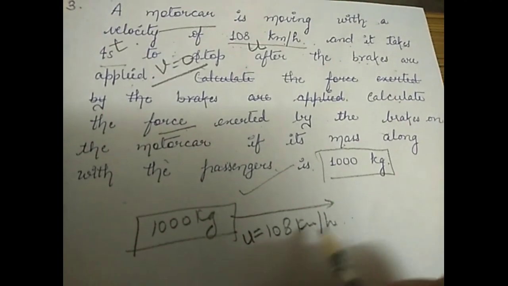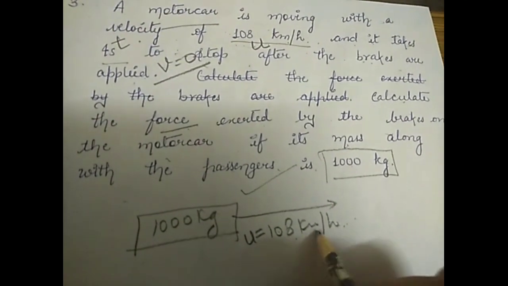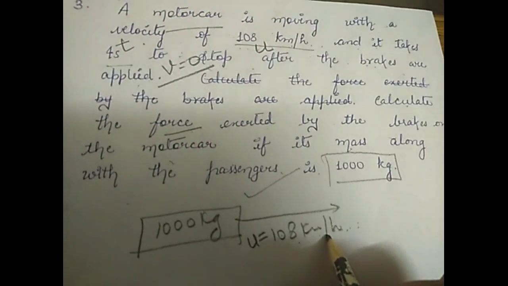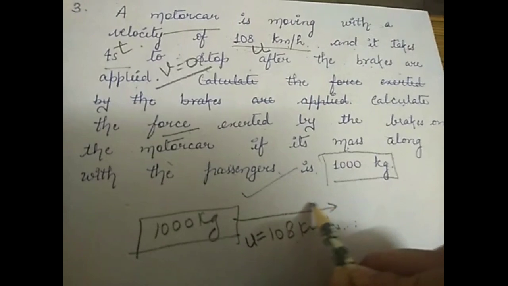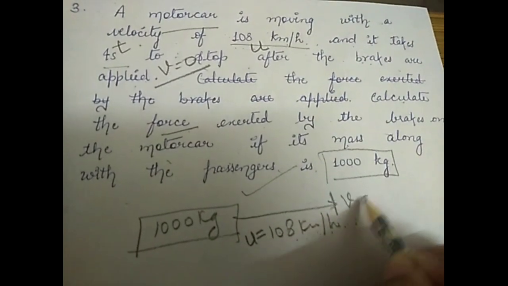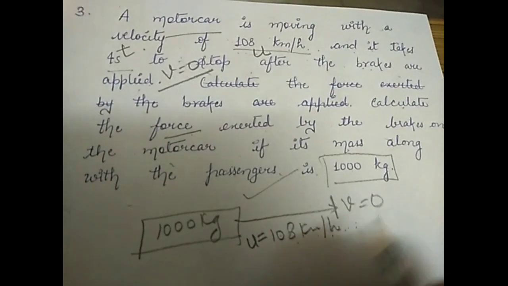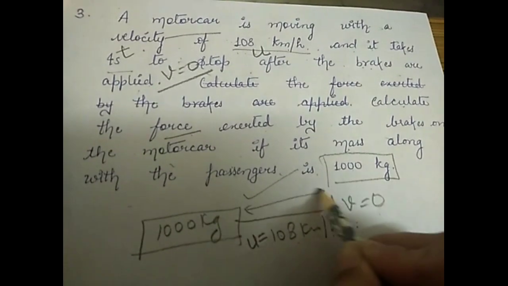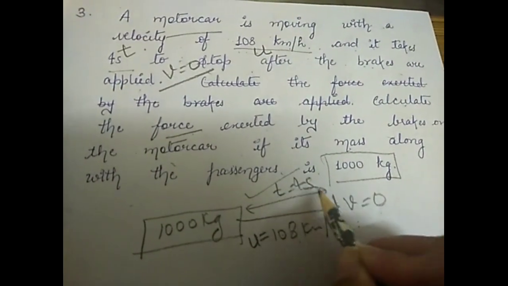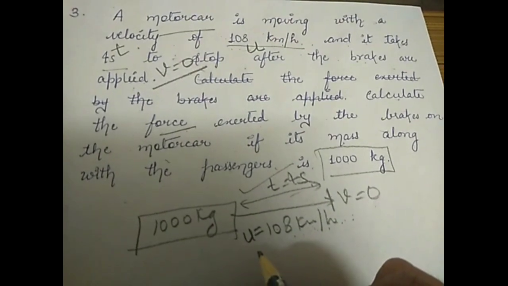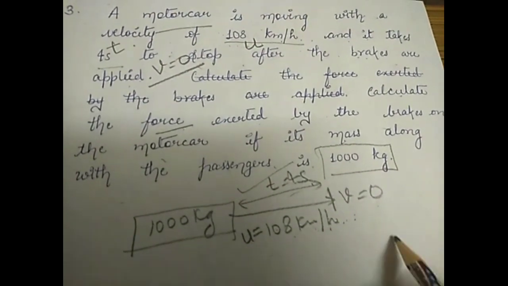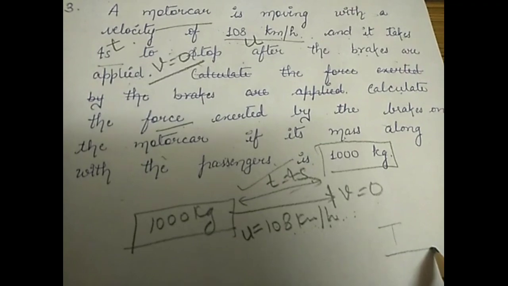What should be the unit? Meter per second. It should not be kilometer per hour while solving the numerical. Okay, and after applying brakes it stopped. V becomes 0 after time t is equal to 4 seconds. So first step completed. Our diagram completed.